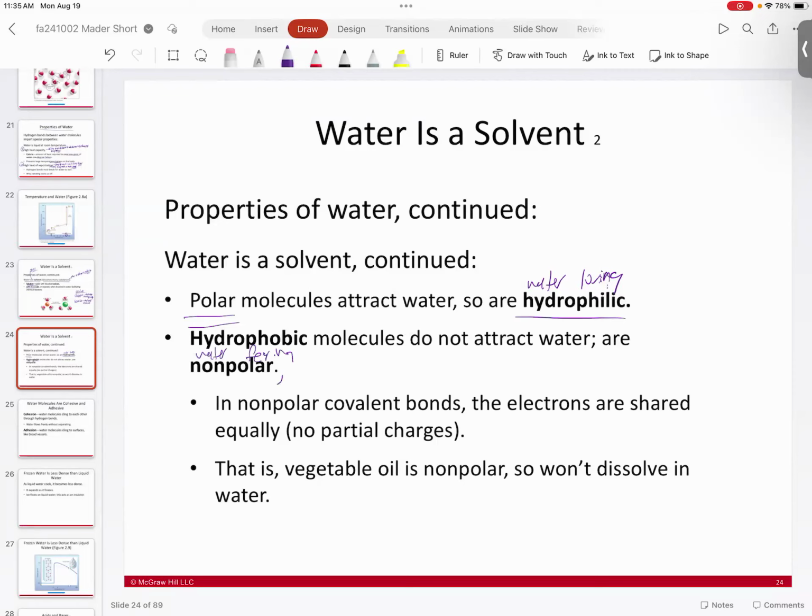These are non-polar molecules. That means they don't have a positive and negative pole on them, and they're uncharged. And these guys won't dissolve in water. An example is oil, right? So basically, these non-polar molecules don't dissolve in water.